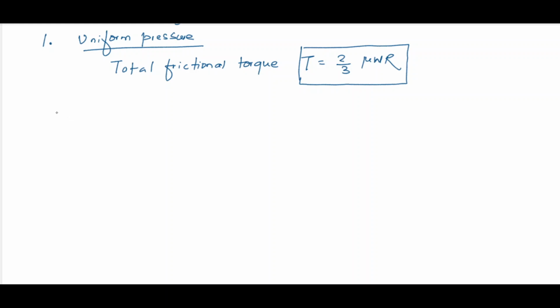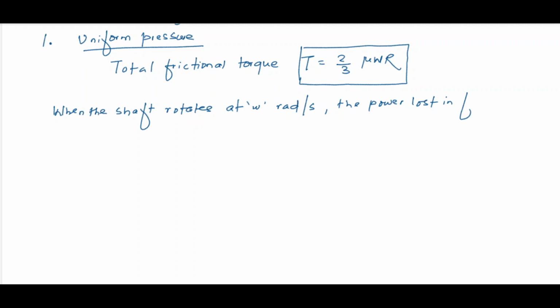When the shaft rotates at omega radian per second, the power lost in friction, that is P, will be equal to T dot omega, or you can say T dot 2 pi n by 60.